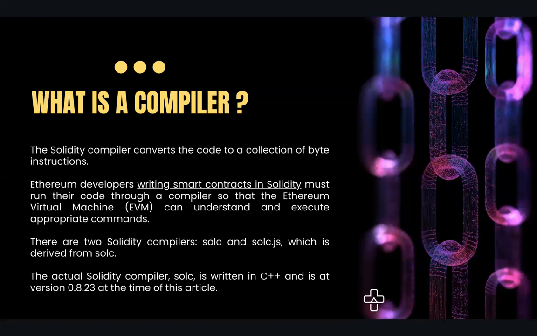That process of converting your source code into machine language is called compiling. That is the work of a compiler. It translates high level languages to machine code, or low level languages, which the computer can understand.